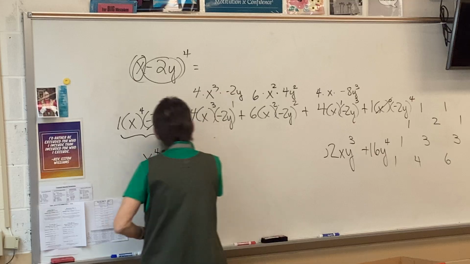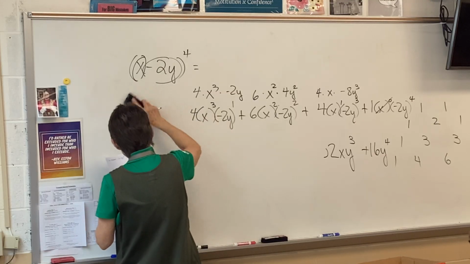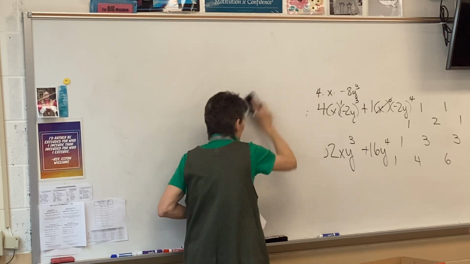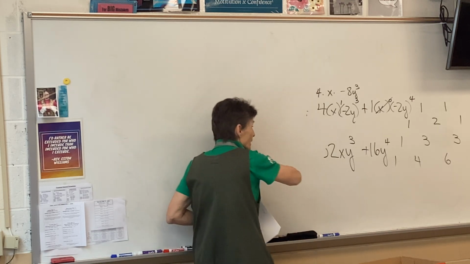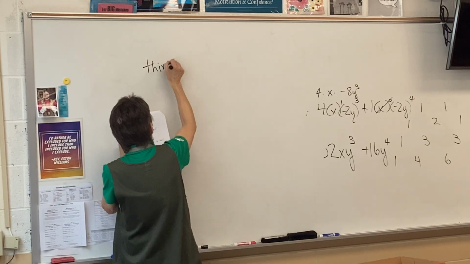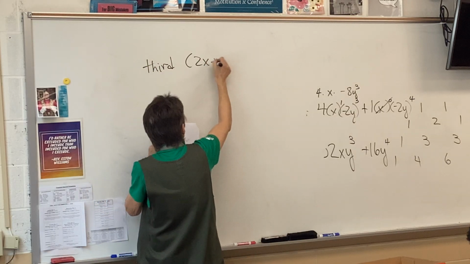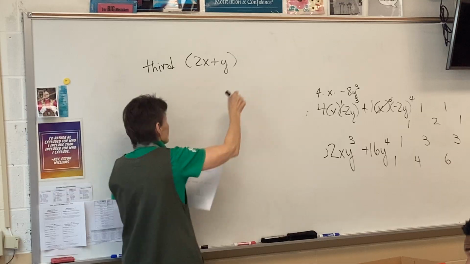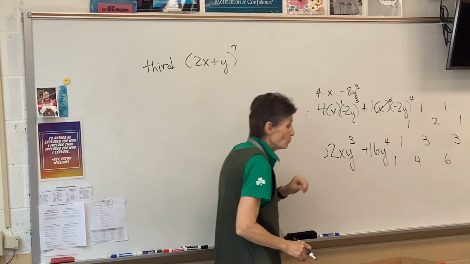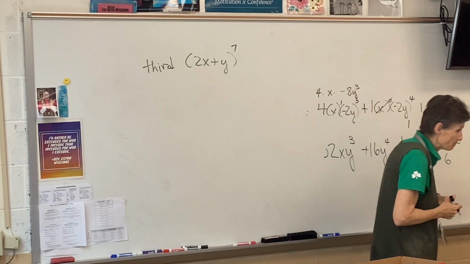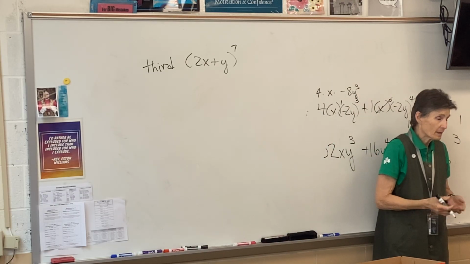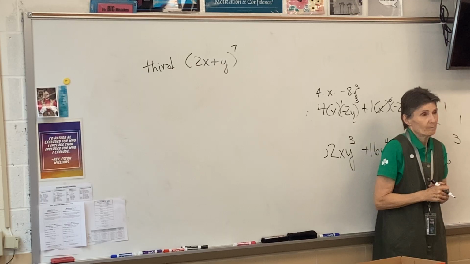Alright, now you're going to do basically the same thing, only instead of doing all the terms, you're only going to do the third one. If you were doing them all, in other words, you were doing what you just did, what would be step 1?